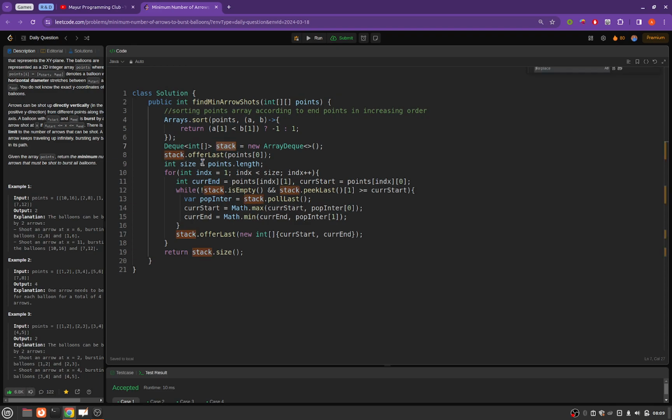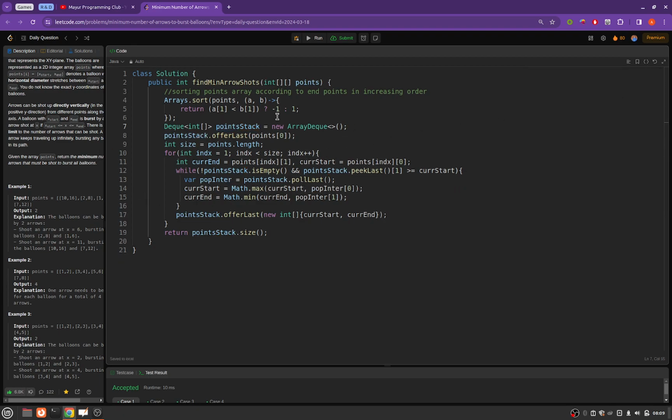Let me rename it. Then this stack will be used to find the common regions or intervals which are not overlapping.